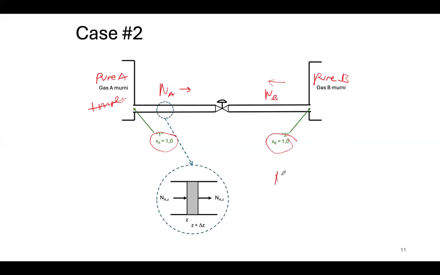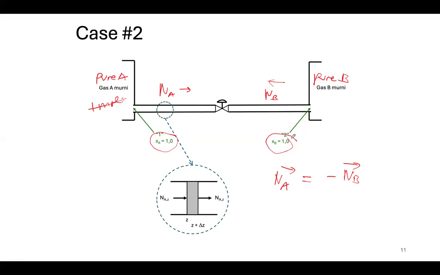Remember, NA is also a vector, and NB is also a vector. If you have different directions, then it will be a negative one. So NA would be a positive one. If you have 1 mole over there, you will have 1 mole over there. So that means the rate of NA in molar terms would be minus NB, because NB will go to the negative direction, and NA goes to the positive one.